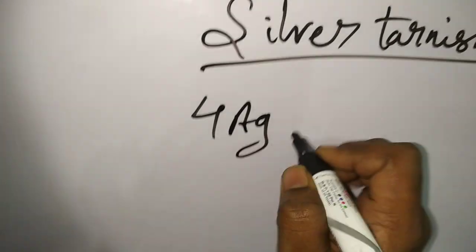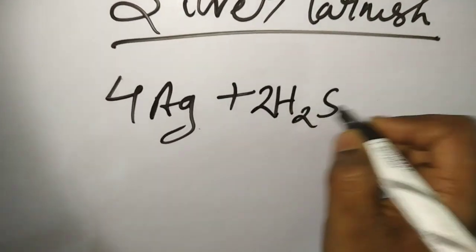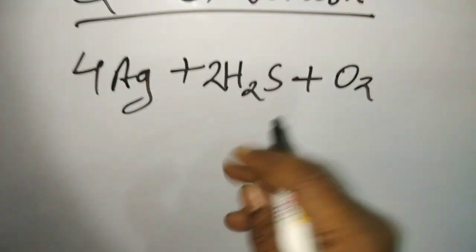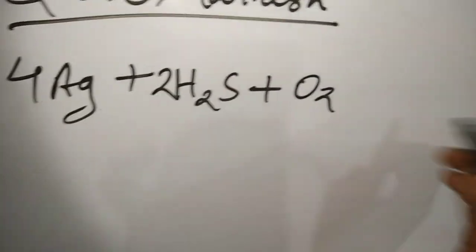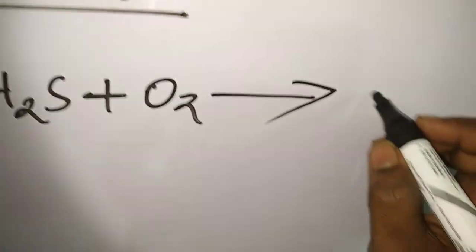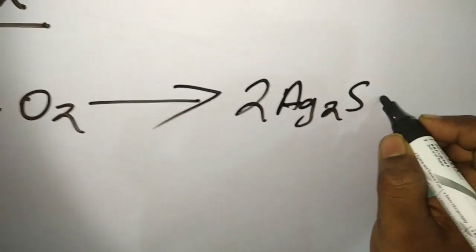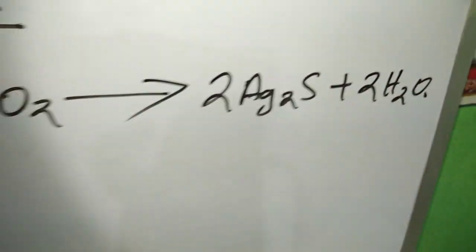When silver reacts with H2S and oxygen, okay students, these two are present in the atmosphere only, it will form 2Ag2S and 2H2O.